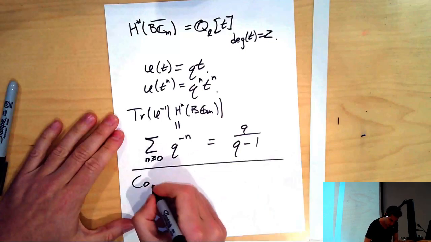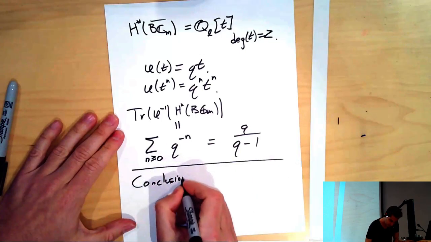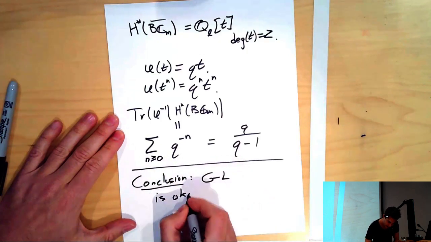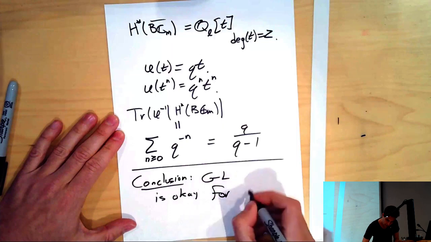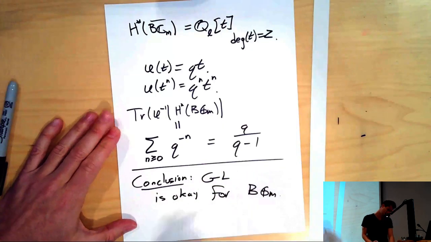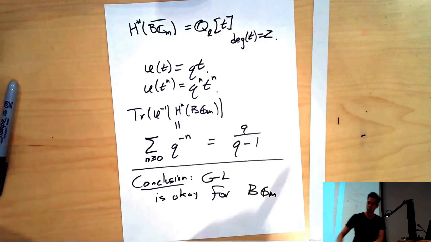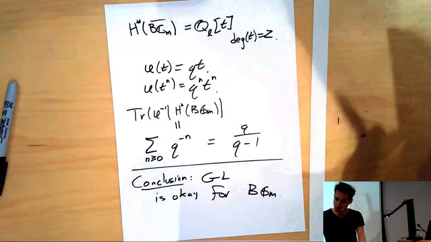So the conclusion is that the Grothendieck-Lefschetz trace formula is okay for this classifying stack BGm, even though it's not an algebraic variety. It's okay as long as you formulate it the way that we did over here.